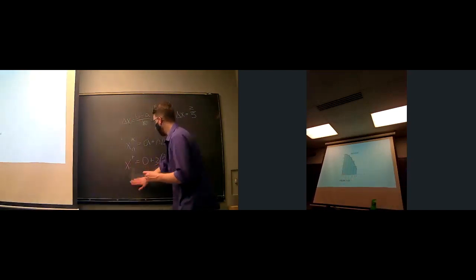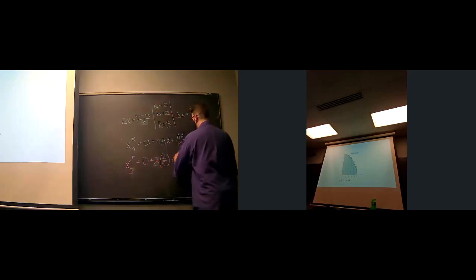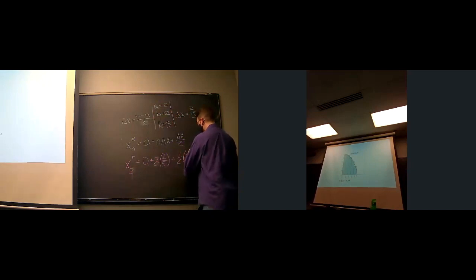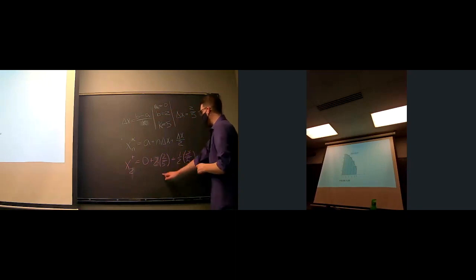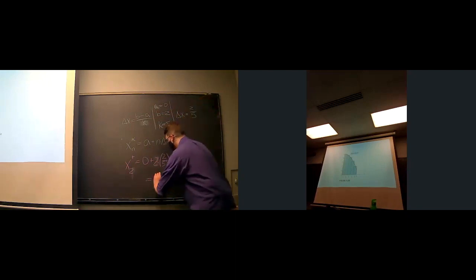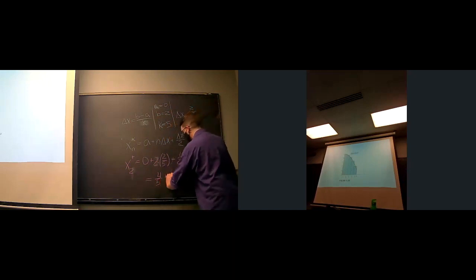That's why I meant to put 2 down here. Okay, now it works. 1/2, 2 over 5. So this is going to come out to be 4 over 5 plus 1 over 5 is equal to 5 over 5, or just 1.